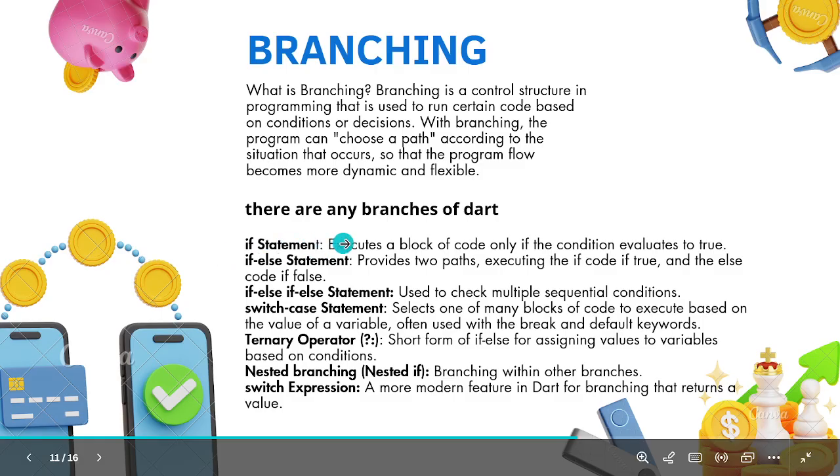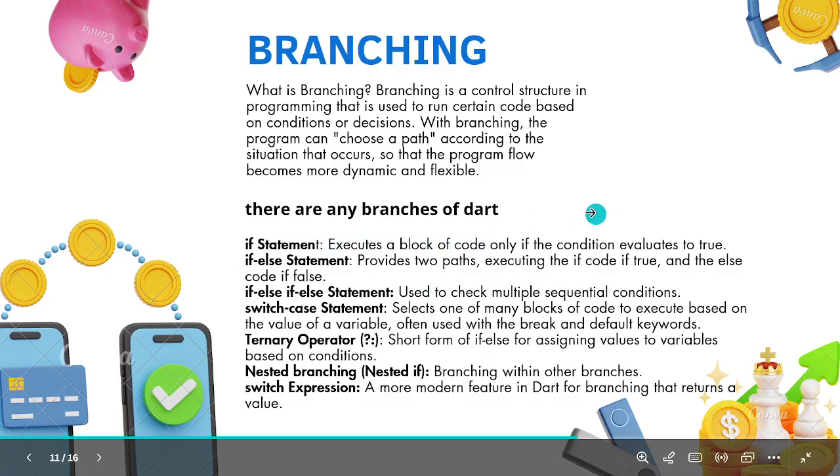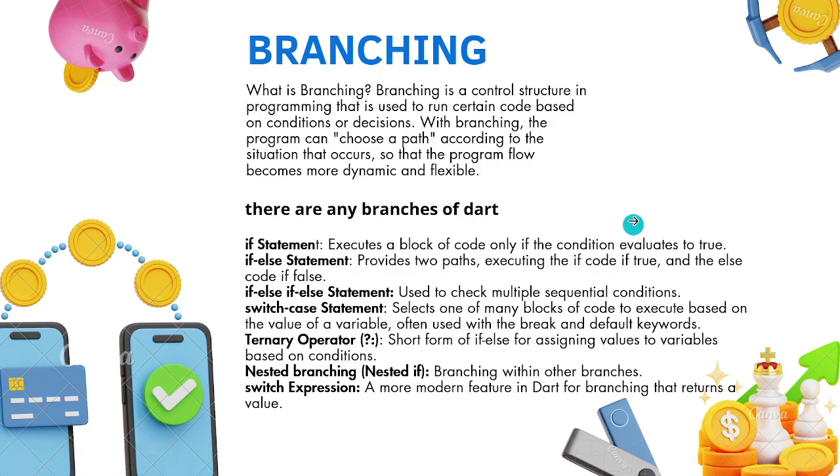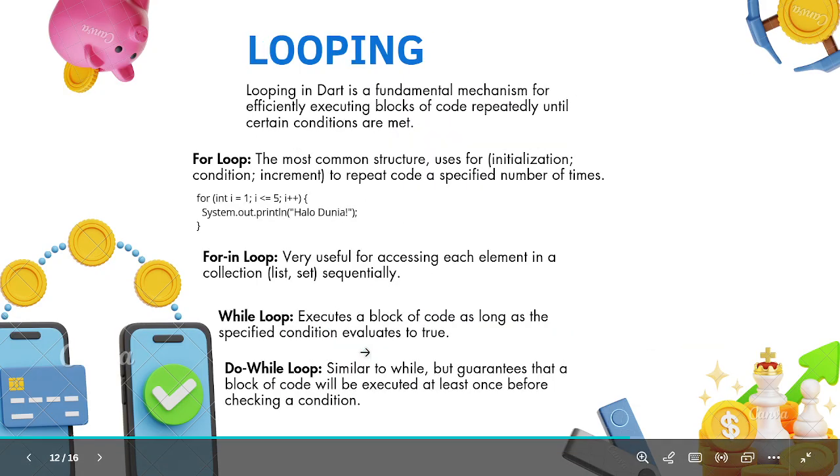So an if statement executes a block of code only if the condition evaluates to true. An if else statement provides an alternative when the condition is false. An if else if statement is used to check multiple conditions. Okay, next, looping.